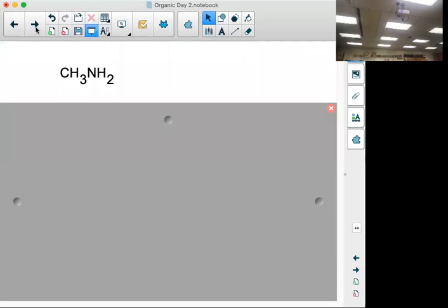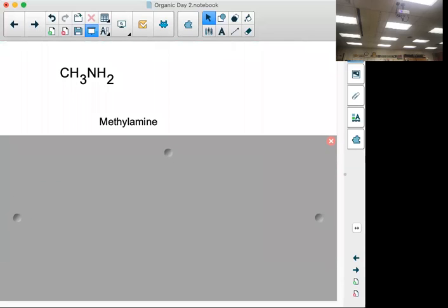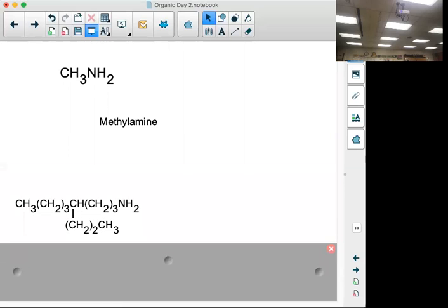So, one carbon, what's one again? Right? So that would be methylamine. I've got 3, 4, 5, 6, 7, 8. But on the fourth one, I have a propyl.